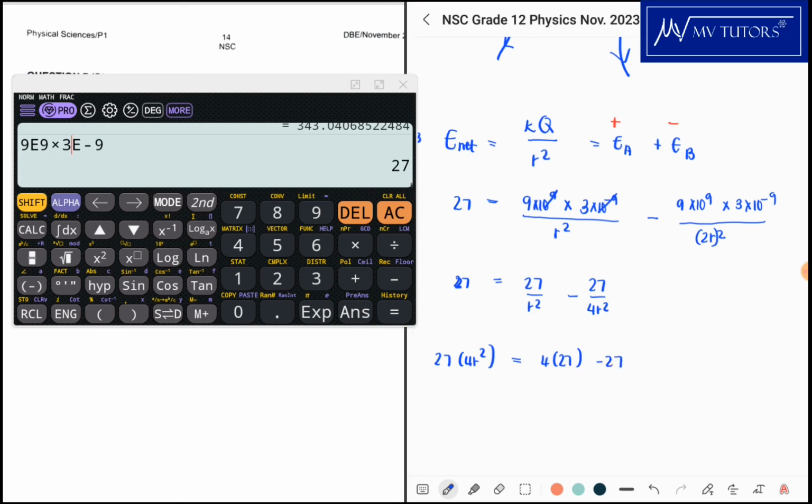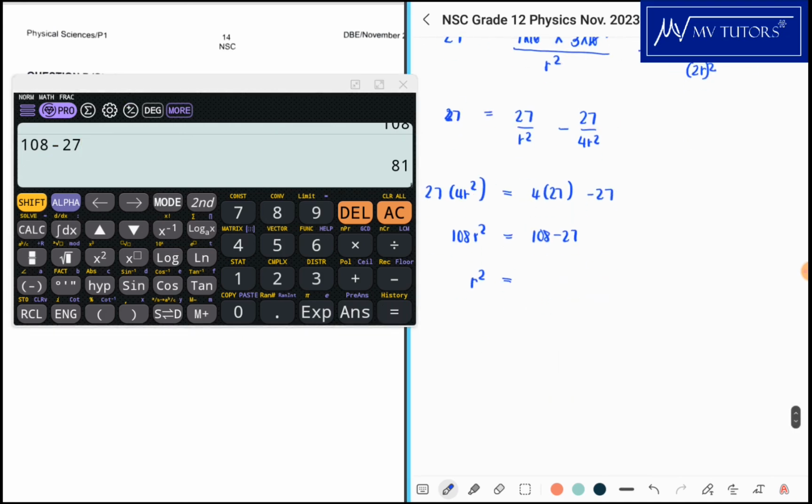So 27 times 4 is 108R squared, and I'll have 108 minus 27. So now R squared equals 81 over 108, since 108 minus 27 is 81.